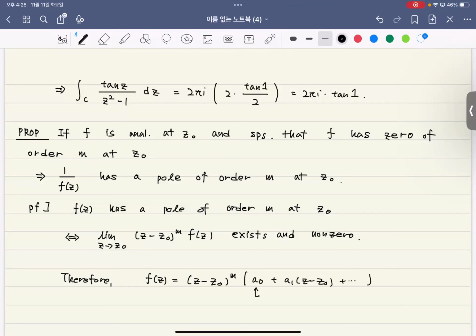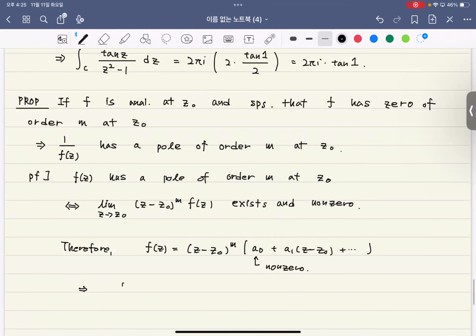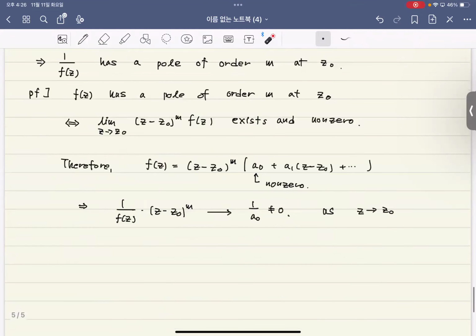And more importantly, this a0 should be non-zero, right? So 1 over f of z times this is tending to 1 over a0, which is non-zero, as z is tending to z0. Since I was able to get some non-zero number from this limit, this means this has a pole of order m. Okay.